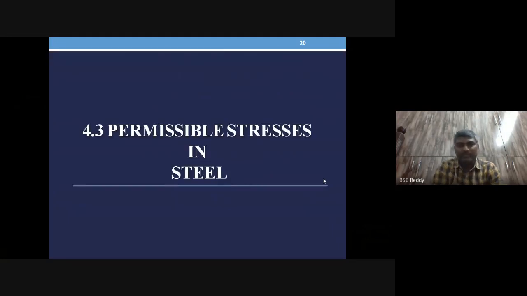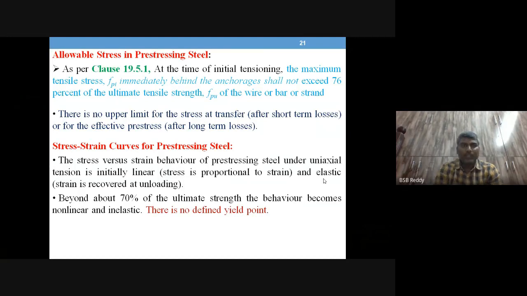In this session, we'll talk about permissible stresses in the pre-stressing steel, okay? Right. So as per clause 19.5.1, just open your IS codes, look at that clause.